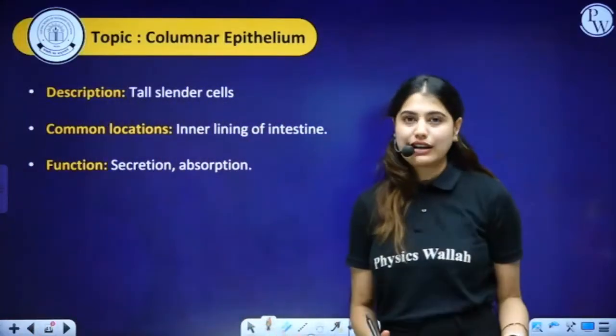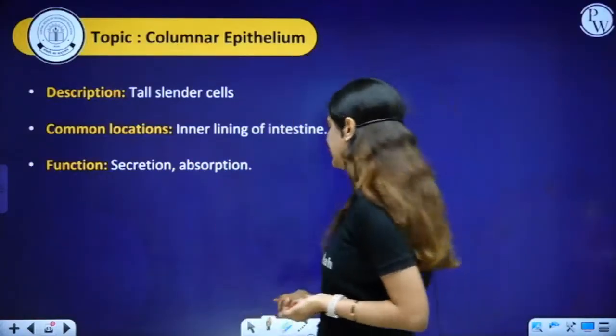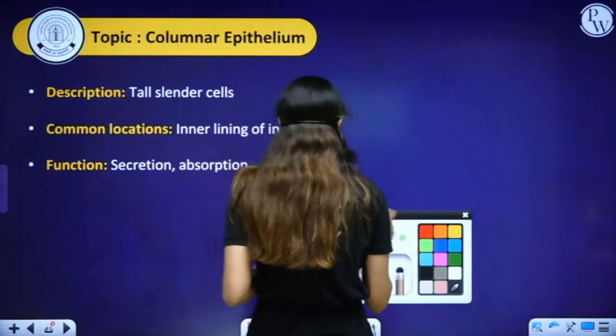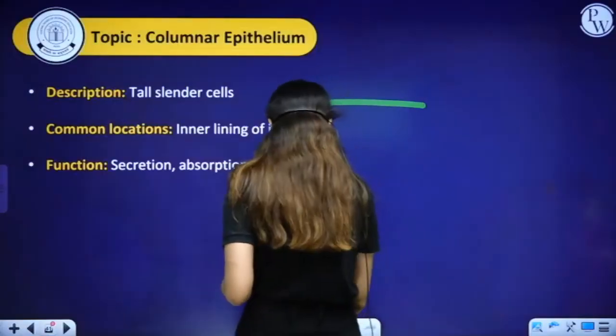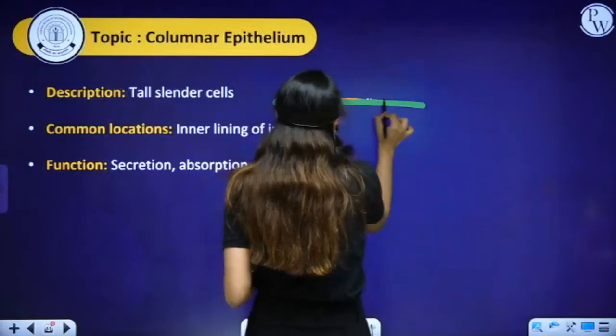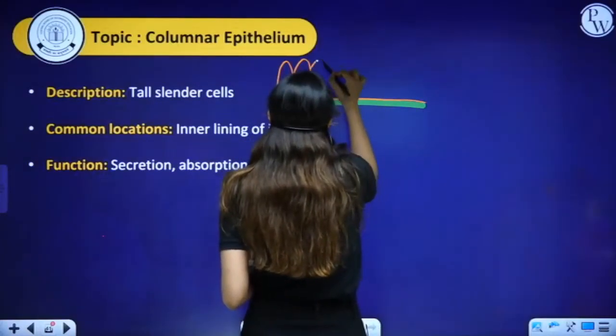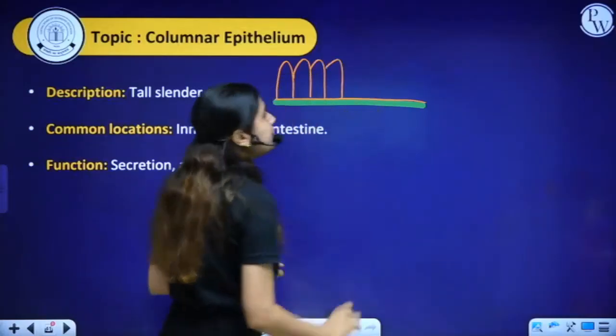Next we have columnar. The columnar word means they have tall pillar-like cells. Suppose again this is my basement membrane, and if I draw my tall pillar-like cells here, something like that.